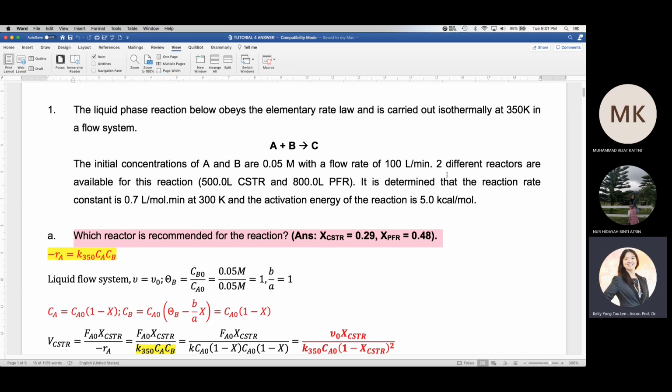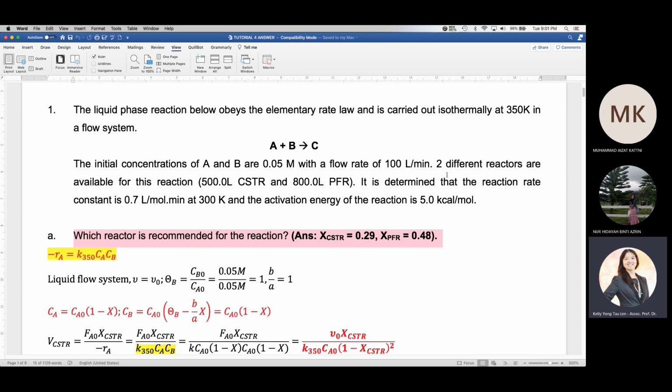So similar in this case, for me to know which reactor is the one to be recommended, I will compare the conversion. Means saya akan cari conversion dalam CSTR saya yang sebesar 500 liter and I compare the conversion in the PFR which is the 800 liter volume. So conversion yang lebih tinggi will be the one that I will recommend for the reaction.